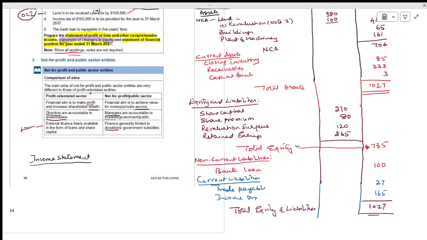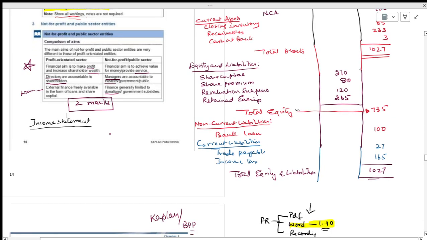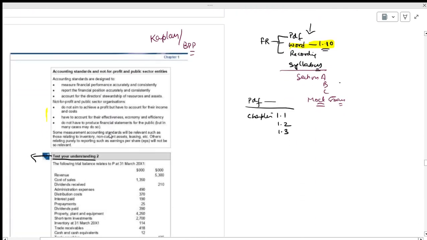This is the difference, so make it a point. This will be there for 2 marks: the difference between profit oriented and non-profit oriented.